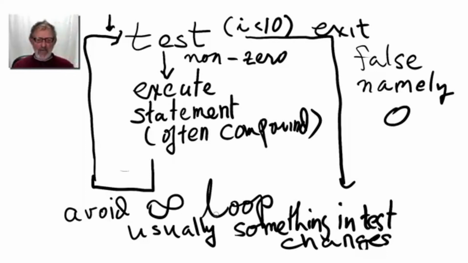If we avoid exiting, we get into what is called an infinite loop, and that's something that you would have to make sure you don't want. It eats up computer time, and generally speaking, it means you've created an error in your program.